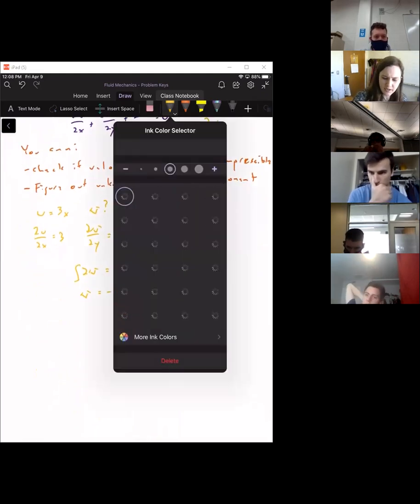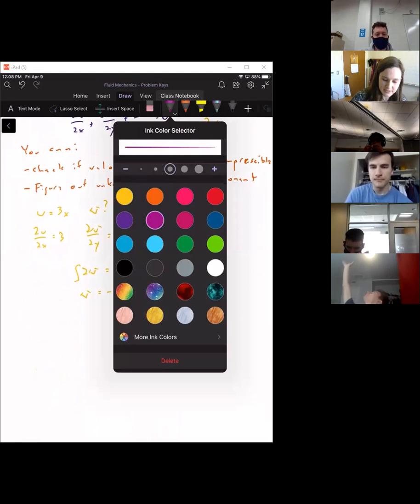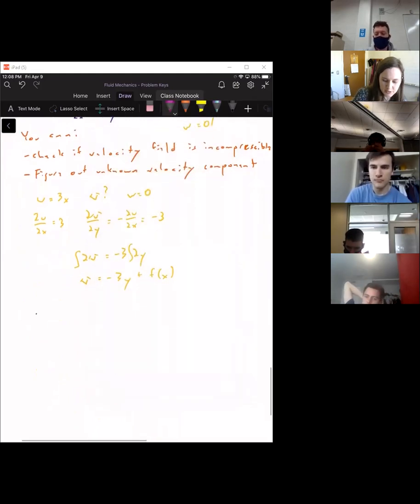I made you do a homework problem where, to make up some stuff, u is equal to 3t. So there's a t in there.